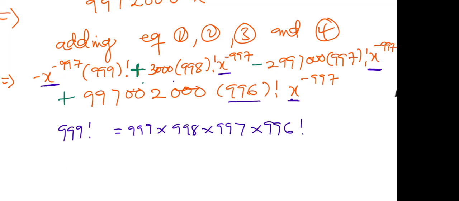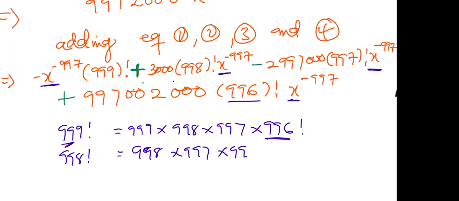Same thing, 998 factorial is 998 times 997 times 996 factorial. So this is also common, which we can factorize out. With that idea, I'm going to factorize this one out also, including the x.